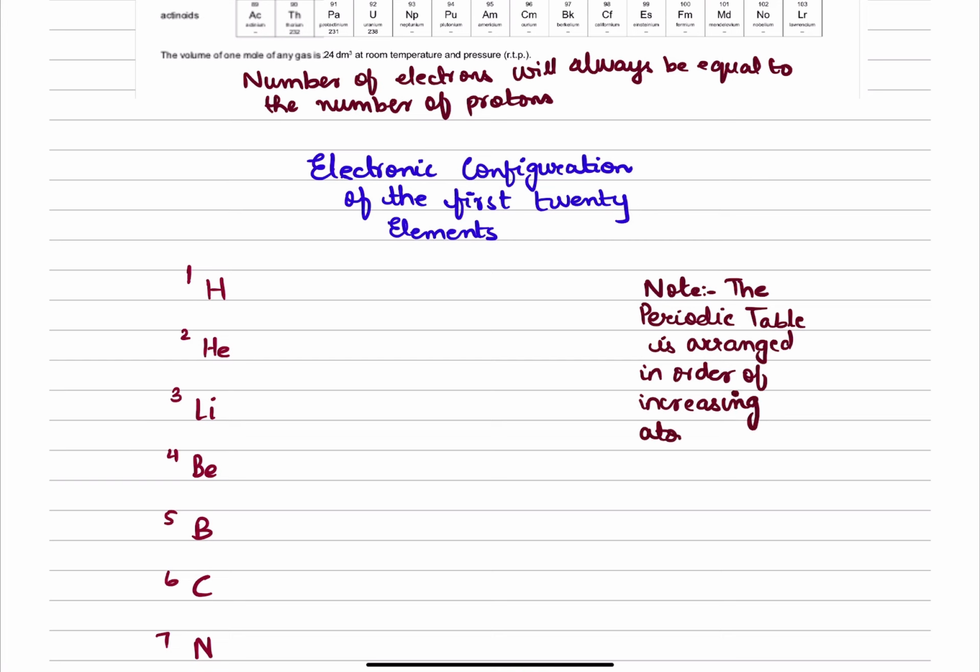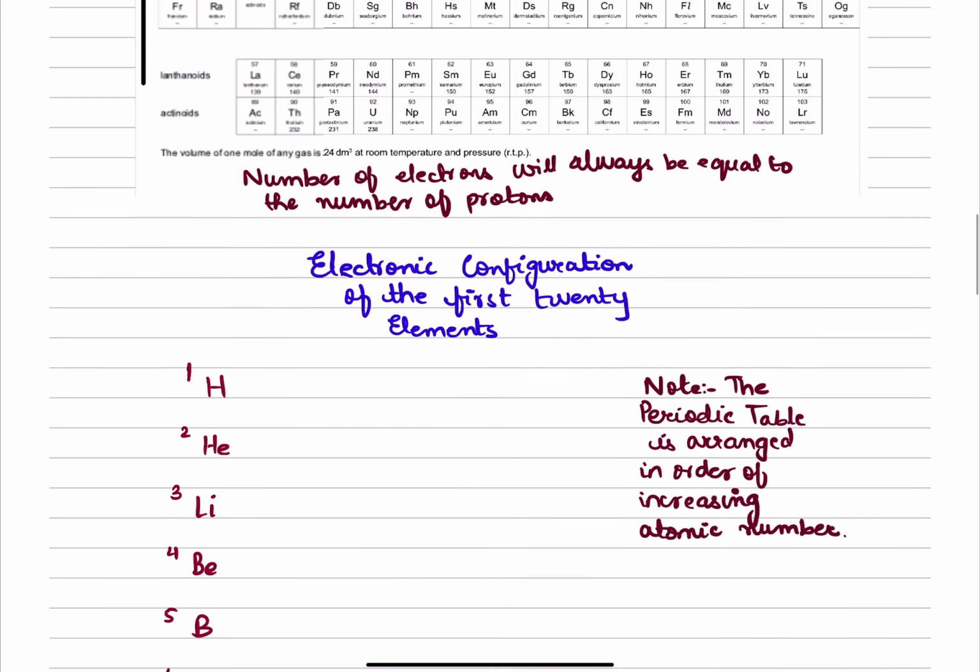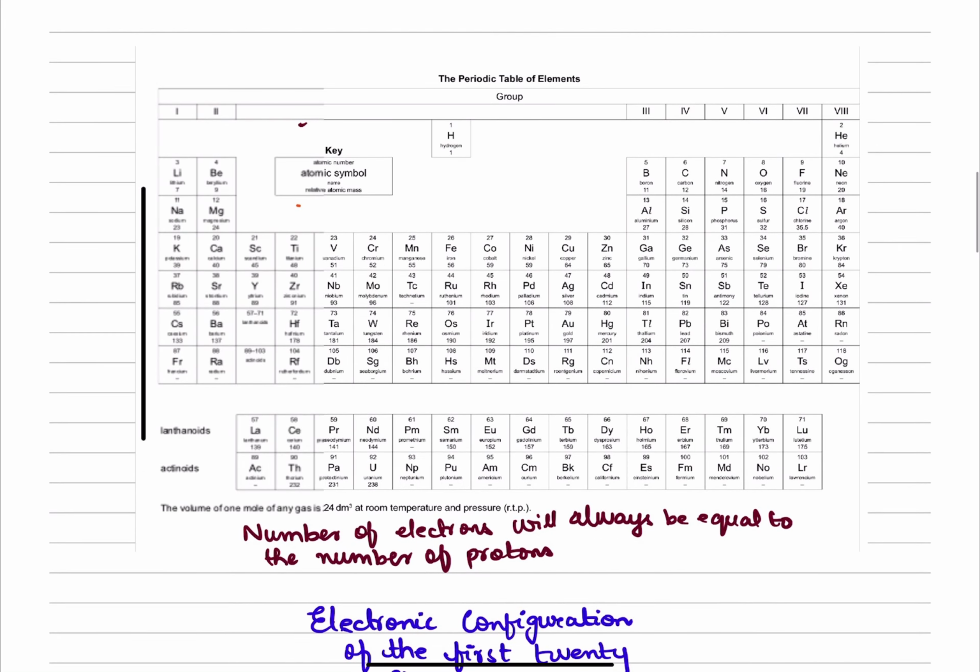Hydrogen has one proton in its nucleus, so hydrogen is the first element. Helium has 2 protons in its nucleus, so it's the second element in the periodic table. So the periodic table is arranged in order of increasing proton number or atomic number.